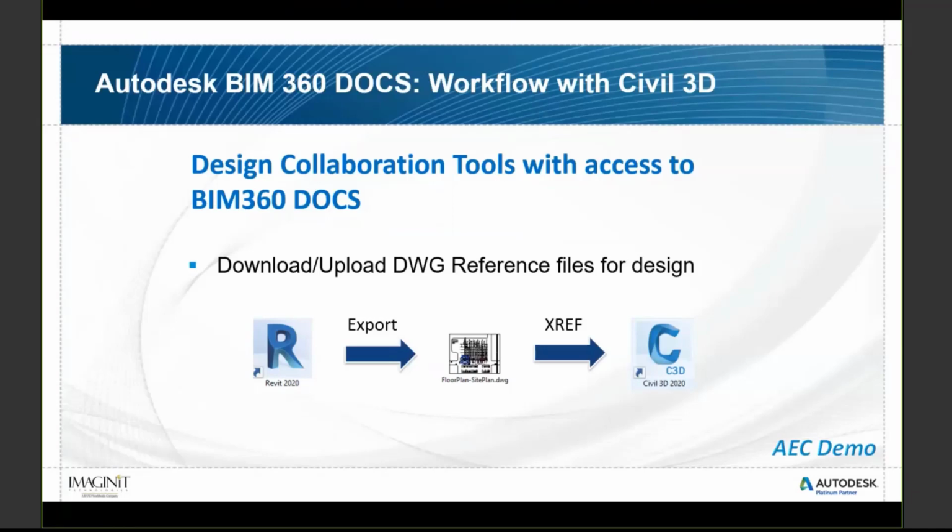If we take a Revit and Civil 3D collaboration look at this, we can work with a Revit file that's been exported out, posted to BIM 360 Docs, and leverage the Autodesk Desktop Connector to externally reference that file directly into our Civil 3D drawings for assistance in the design.